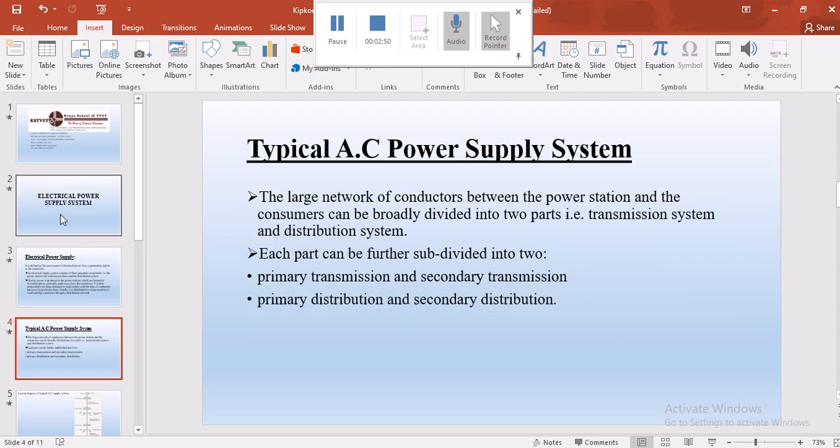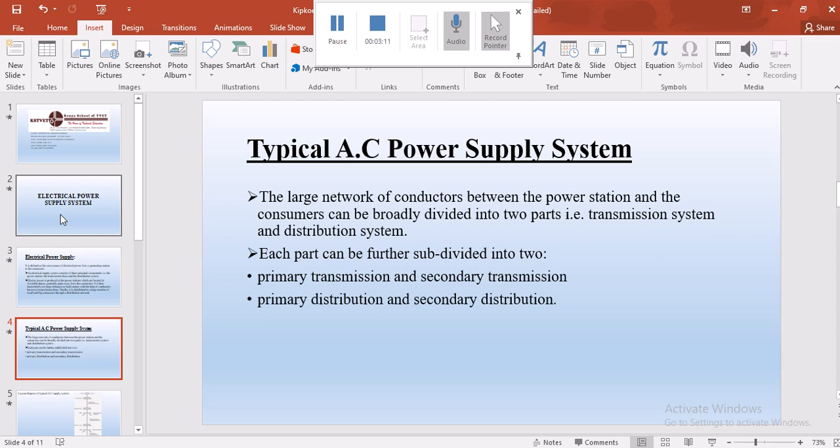So we move to the next part, that is the typical AC power supply system or scheme. In this part, the large network of conductors between the power station and the consumers can be broadly divided into two parts, i.e. the transmission system and the distribution system.